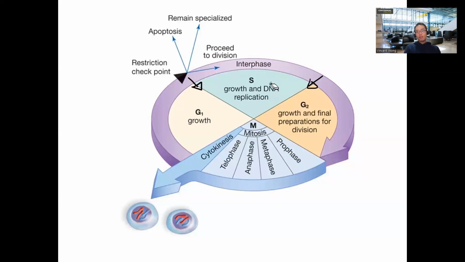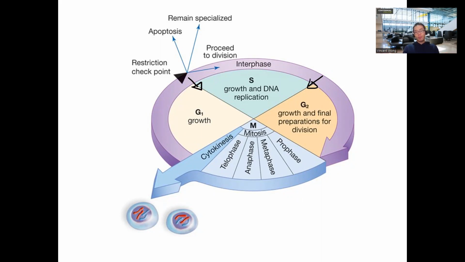Once you copy all of its genetic material, you do a second check, to see if the DNA replication process was completed. Did you copy everything? Did you make any mistakes when you were copying it? What's the quality of the DNA replication? Is everything okay, basically?